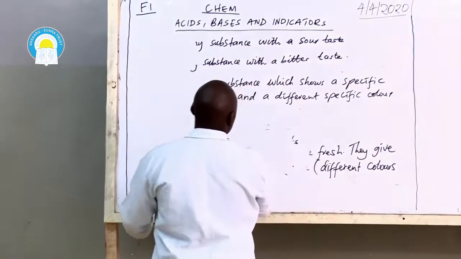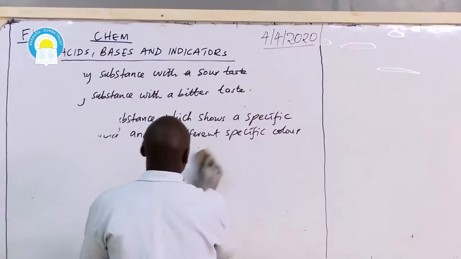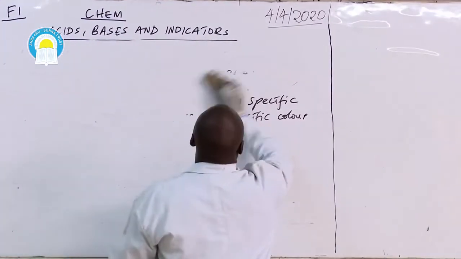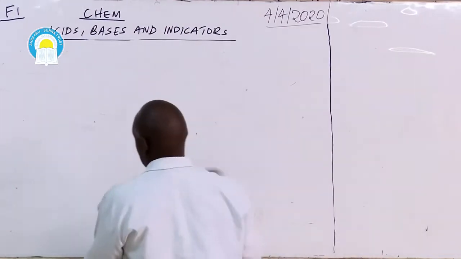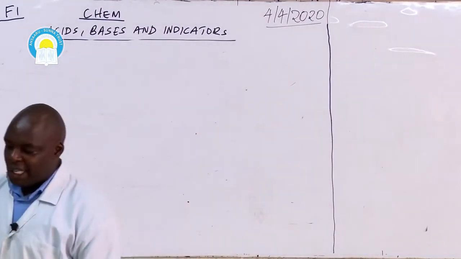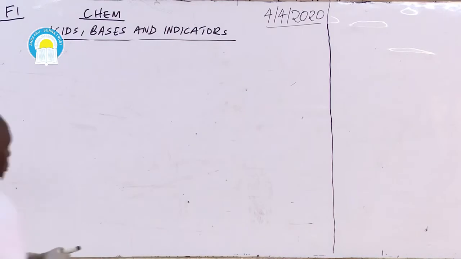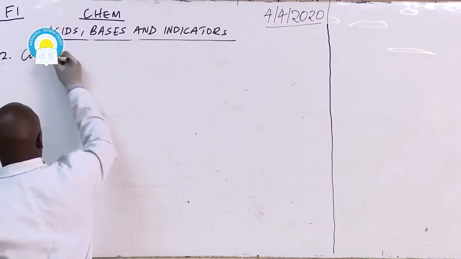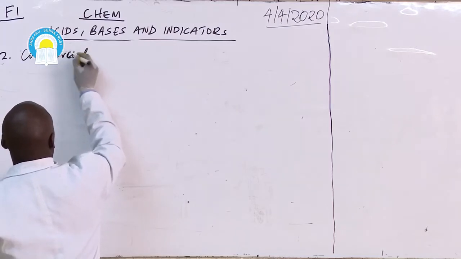we have indicators which we call commercial indicators. There are so many types of commercial indicators, but we are only going to deal with 3 commercial indicators. So number 2 is commercial indicators.